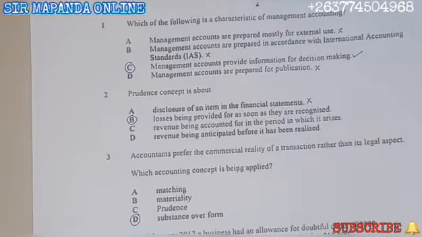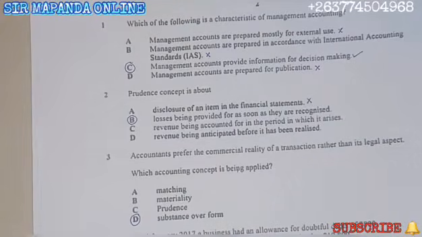So D is the answer. Substance over form, it works for hire purchase, it works for leasing. When you encounter a question whereby you are being asked that hire purchase and leasing is under which concept, you say substance over form.